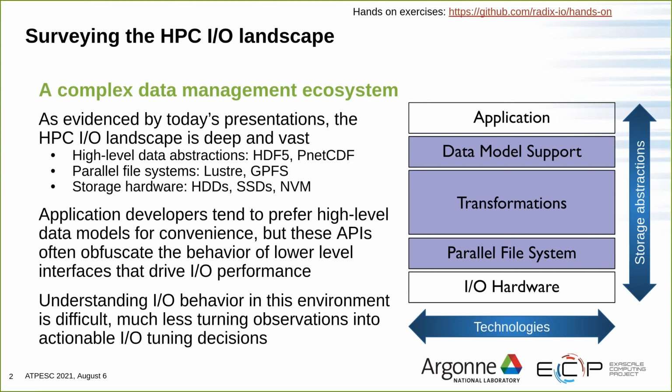Then you've got transformations, which we've heard about via MPIO. Then we've got the parallel file system underneath that, which could be things like Lustre or GPFS and so on. And at the very bottom, you have IO hardware: hard disks, SSDs, NVM, all different things we've heard about. So you can see how this can get super complex.